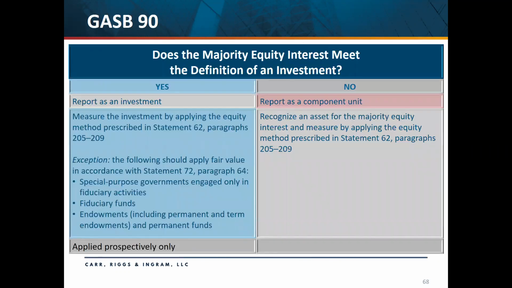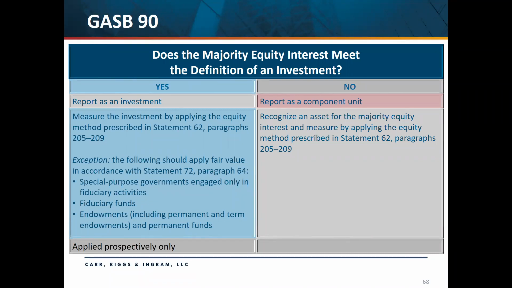So the first question in determining how to present this is, does the majority equity interest meet the definition of an investment? So GASB 72 paragraph 64 defines an investment as a security or other asset that A, a government holds primarily for the purpose of income or profit, and B, has a present service capacity based solely on its ability to generate cash or be sold to generate cash.